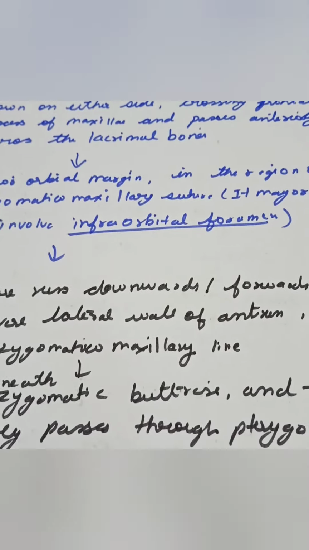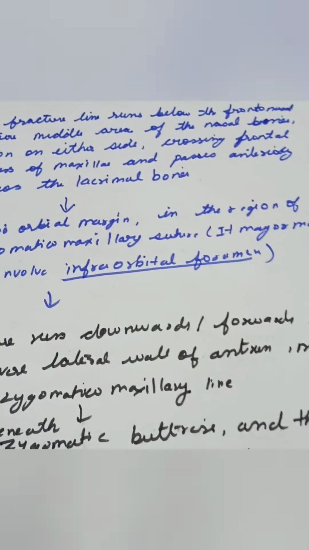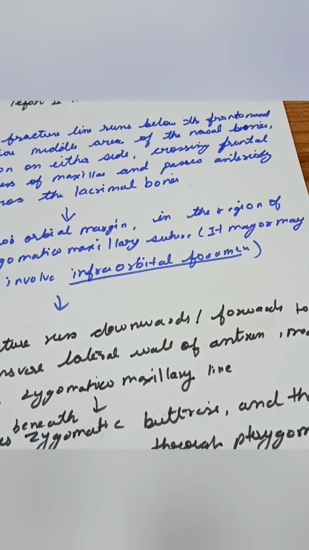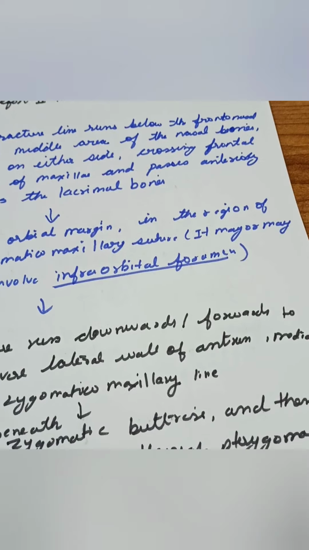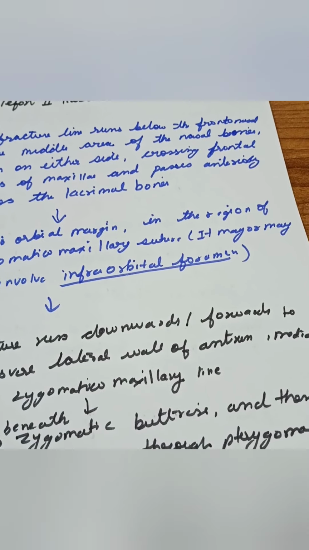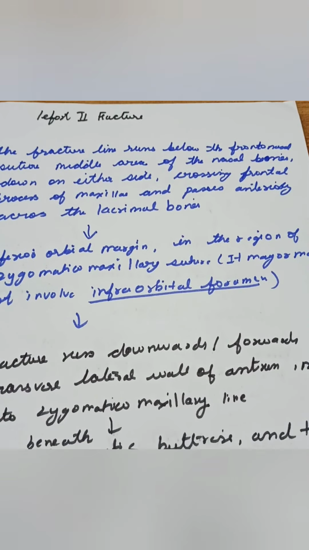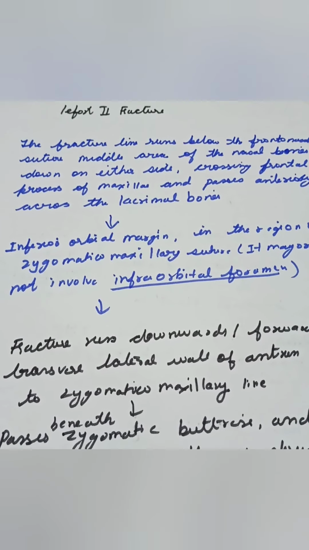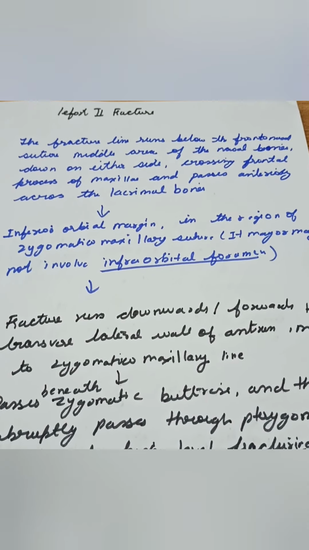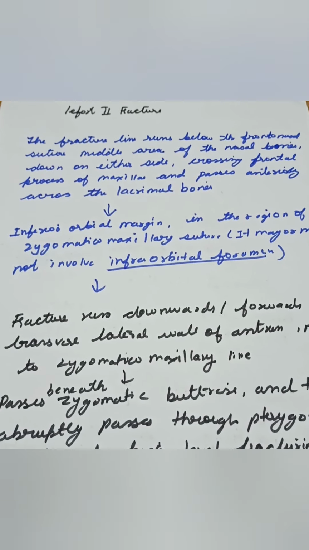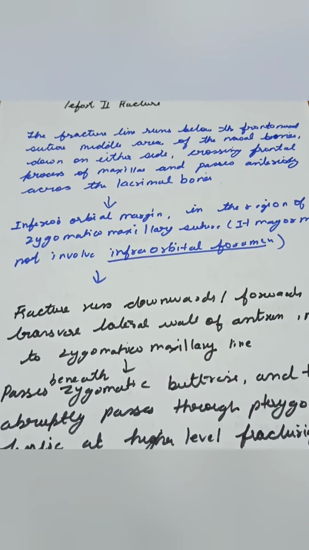So now we'll discuss in detail about the Le Fort 2 fractures. The fracture line runs below the frontonasal suture, through the middle area of the nasal bones, down on either side, crossing the frontal process of the maxilla and passing anteriorly across the lacrimal bone, and then it crosses the inferior orbital margin in the region of the zygomatico-maxillary suture. It may or may not involve the infraorbital foramen.